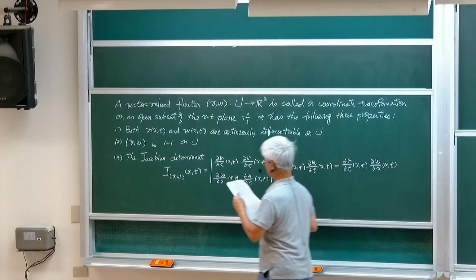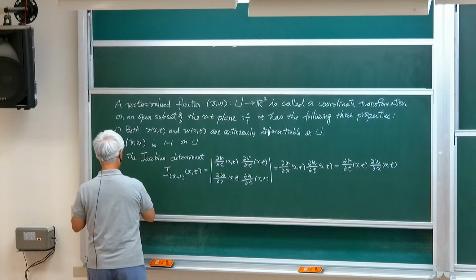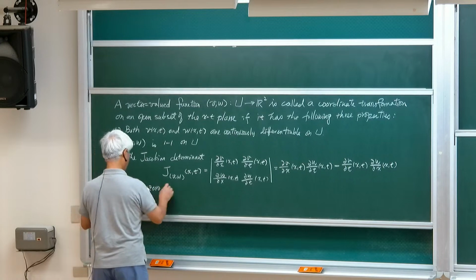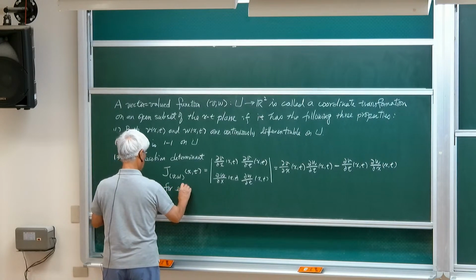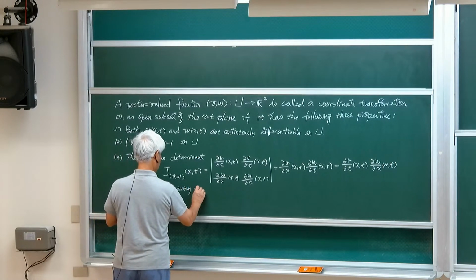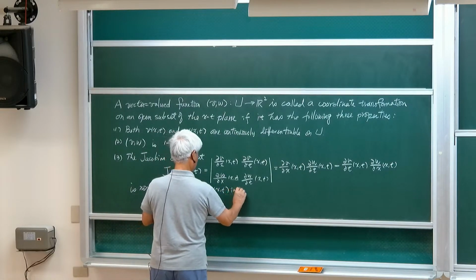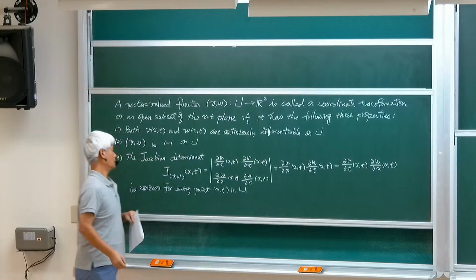So this Jacobian determinant is non-zero for every point xt in U.